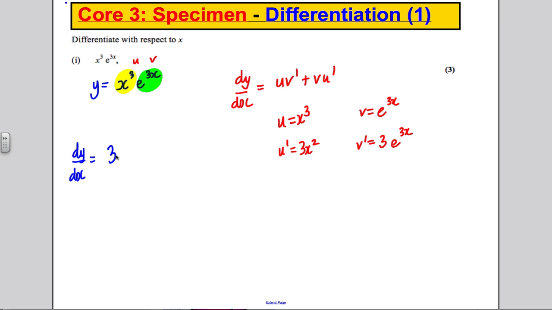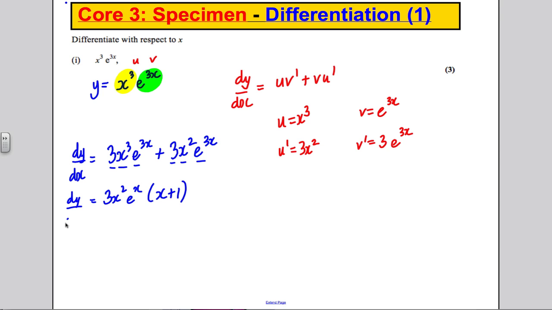I'm going to write that as 3x cubed e to the 3x, plus vu dash, so that would be plus 3x squared e to the 3x. Could you factorise anything? Well, you could factorise out a 3. You could factorise out x squared, and you could factorise out an e to the 3x, and you'd be left with x plus 1. And there is your dy by dx.